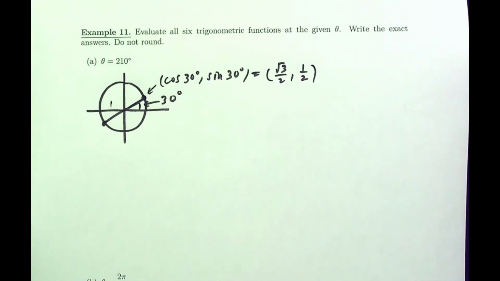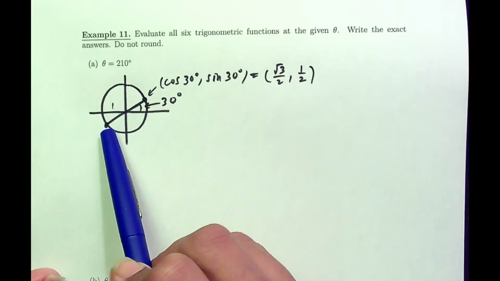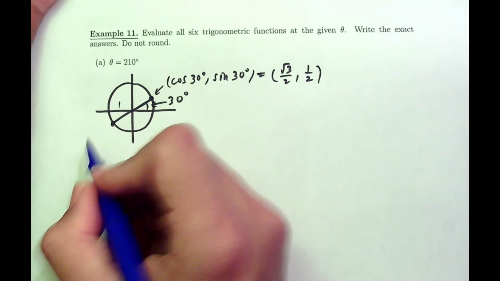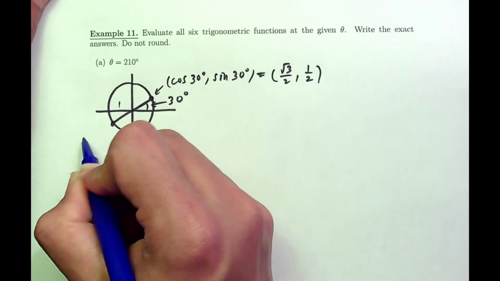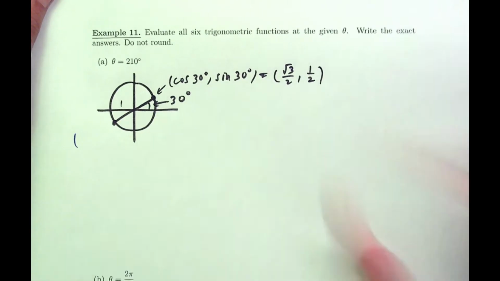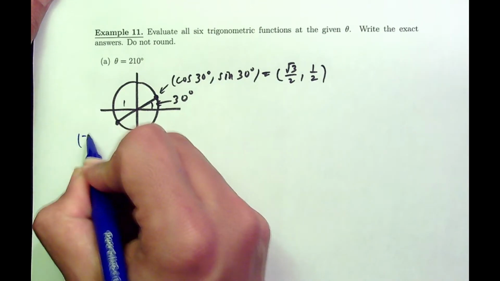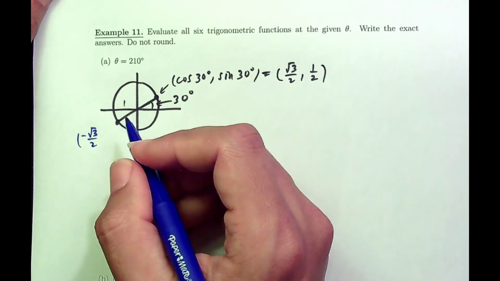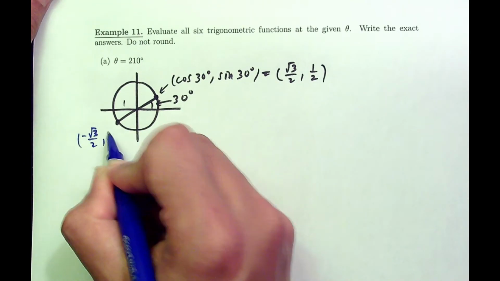Now, if you know the coordinates of this point, then the coordinates of that one you can figure out because they're the same, except the signs have to be adjusted. This is in the third quadrant, so both coordinates are going to be negative. So the coordinates of that are negative square root of 3 over 2, comma, negative a half.